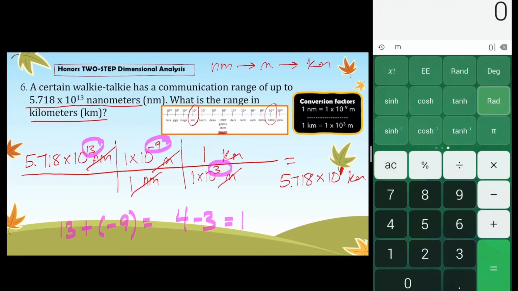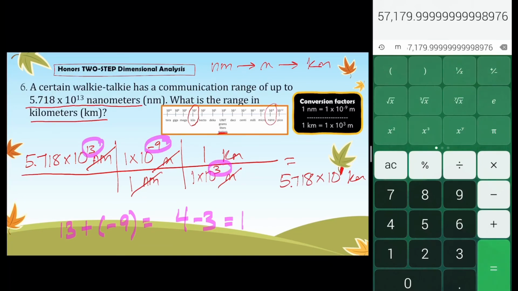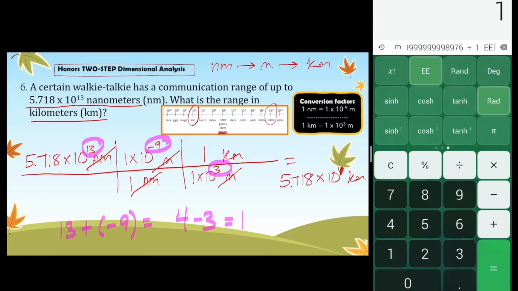Okay, let's do this on the calculator to verify. 5.718 exponent 13 times 1 exponent 9, don't forget the negative sign, equals. Okay, divided by 1 exponent 3 equals.